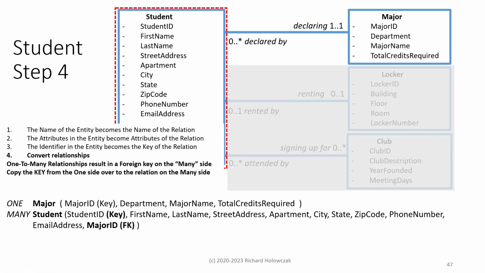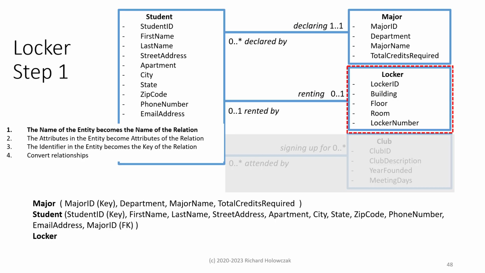Now we need to worry about our relationships. Major is on the one side, student is on the many side. Therefore, we copy the key from the one side, major ID, and it becomes a foreign key in the student relation. This is the same pattern that we saw in the prior example.